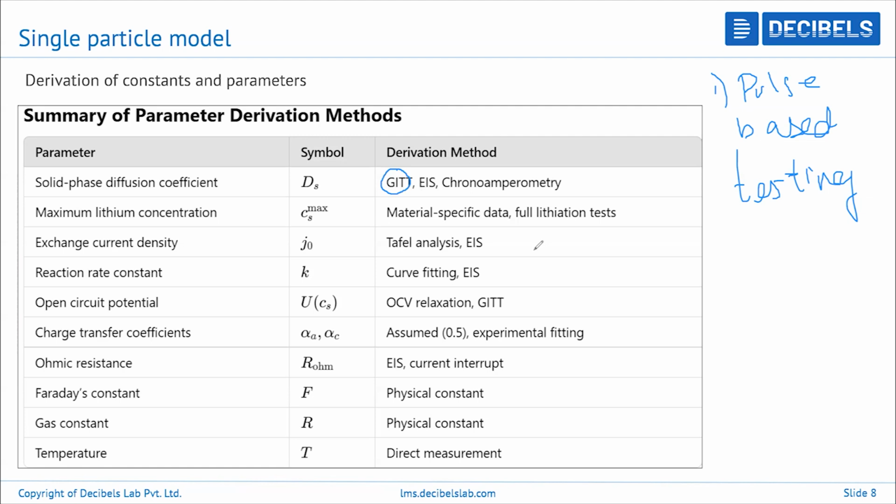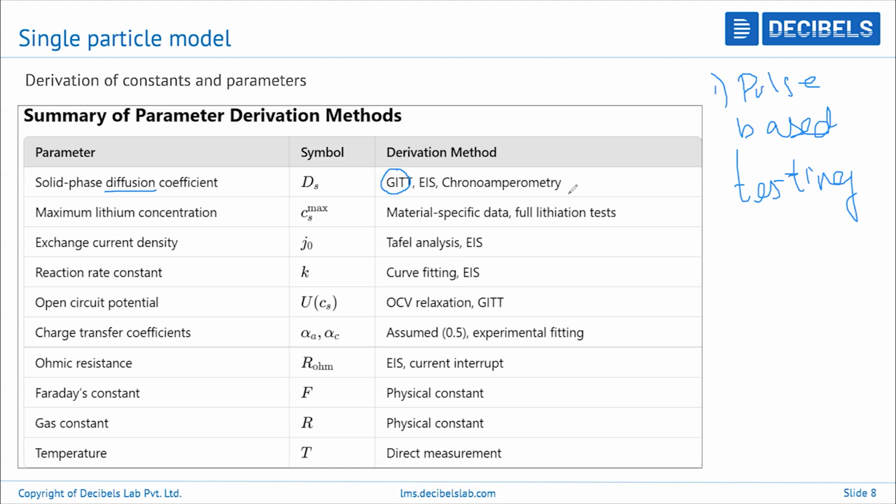GITT is a very common type of testing principle that is followed whenever you want to characterize a cell. GITT stands for galvanostatic intermittent titration technique. There are other names for it as well, HPPC and DCIR. They are commonly used to derive the way in which the ions diffuse within the cell.